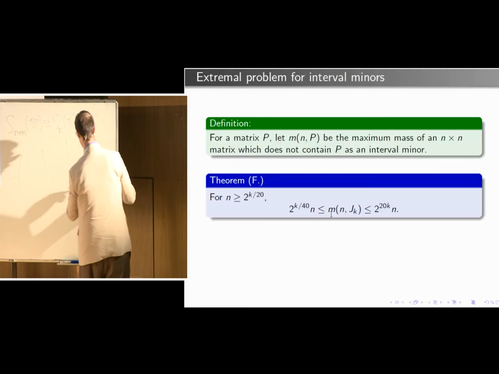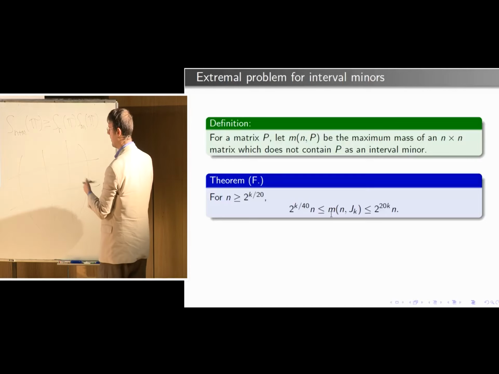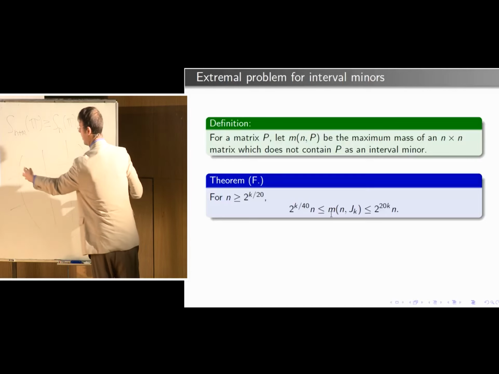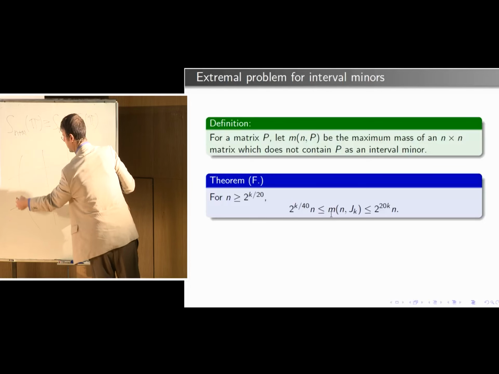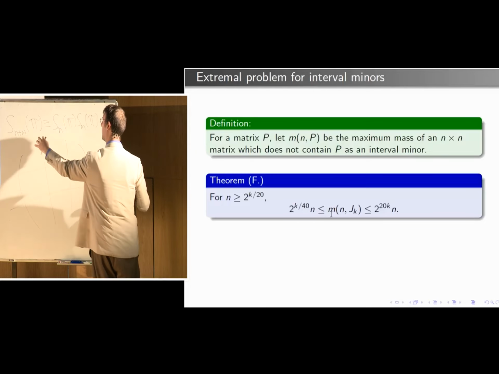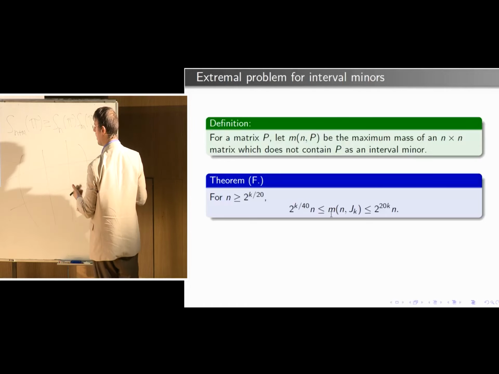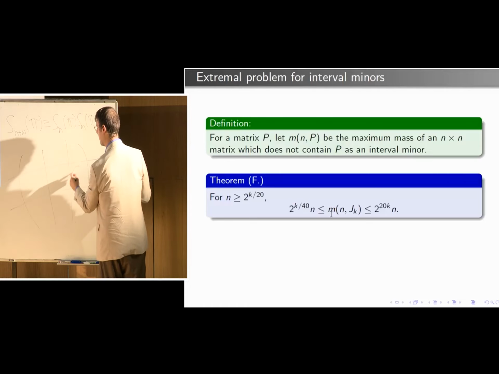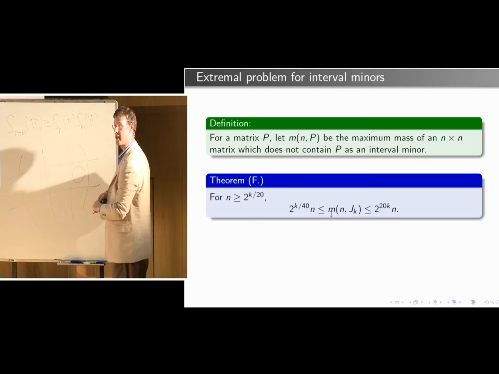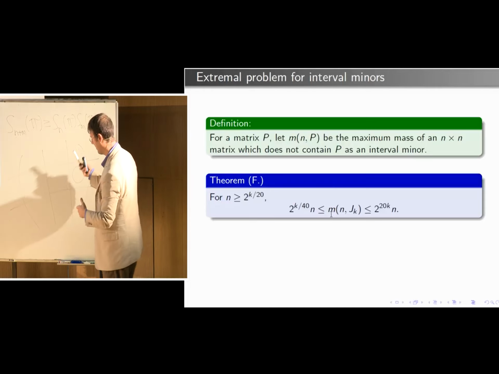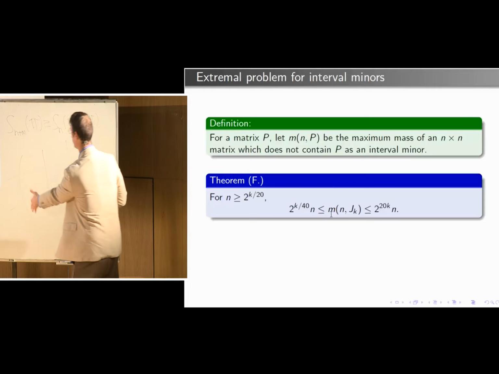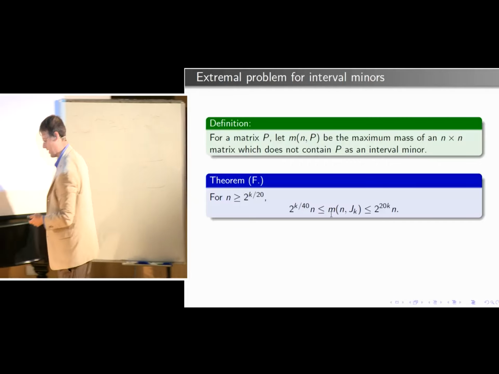So here K is 3, and no matter how I partition the rows into 3 intervals and the columns into 3 intervals, one of these K squared blocks will be all zeros. Everything in here will be a 0. No matter what partition we get, one of these blocks is always 0.